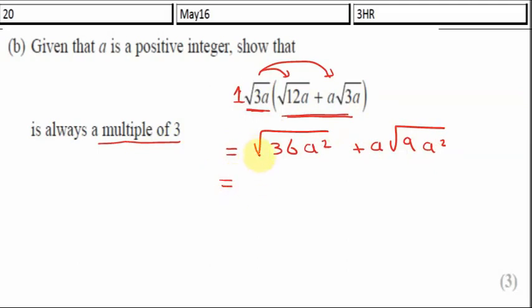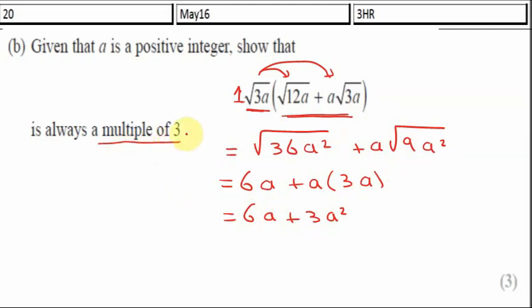Now simplify. Root of 36 equals 6. Root of a squared is a, plus a brackets root of 9 is 3. Root of a squared is a. So equals 6a plus a times 3a is 3a squared. Okay. Now we are done with multiplication.